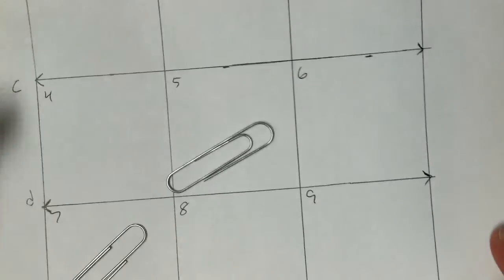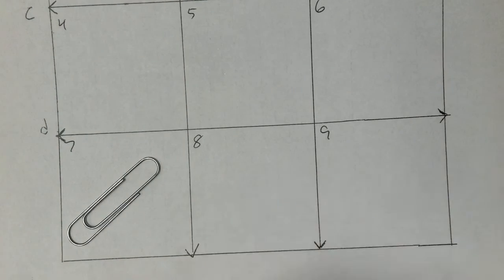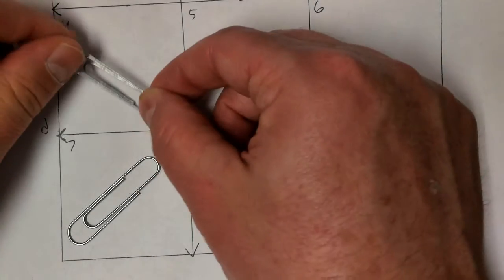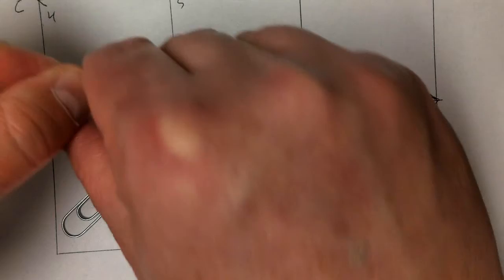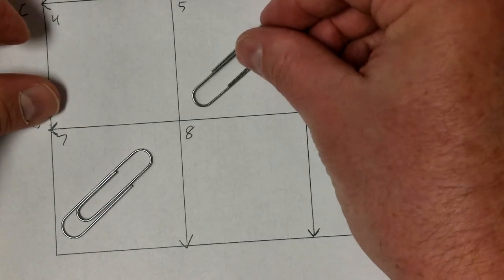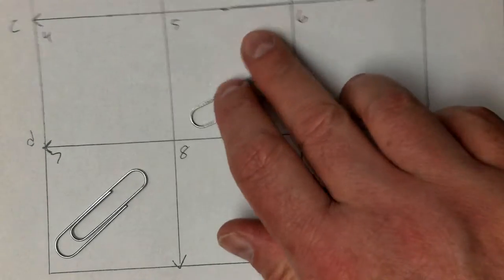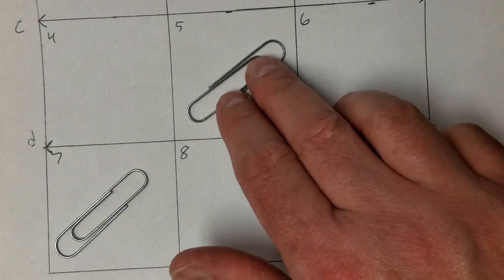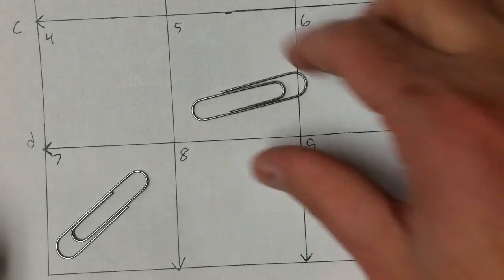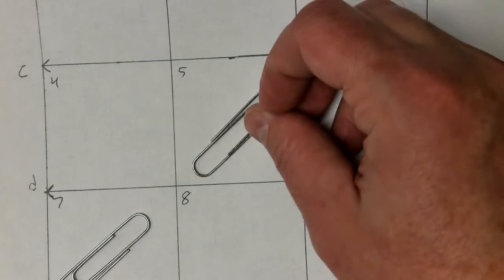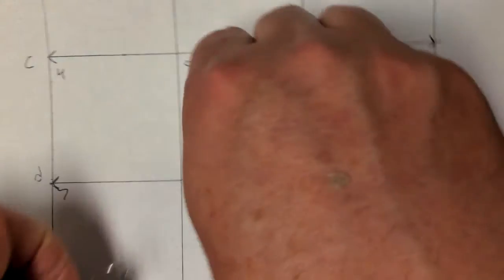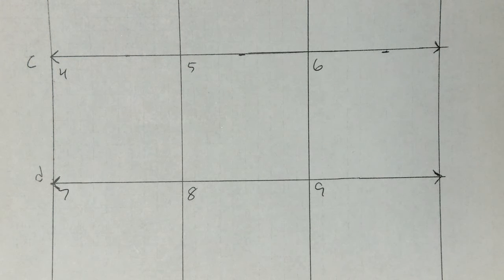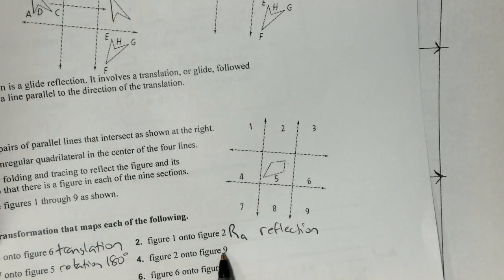Again, like I did, we could have reflected across this one to make it like that, and then reflected again to make it like that, and the end result is like a 180 rotation. That is not wanting to stay still. There. Okay, well, very good. Our next one says 2 onto 9.